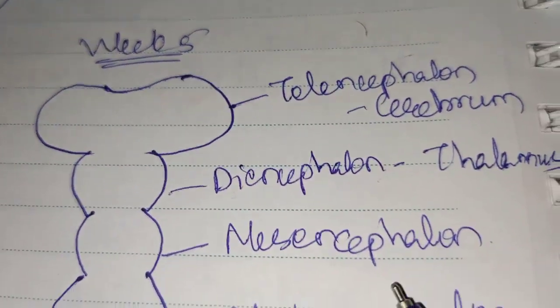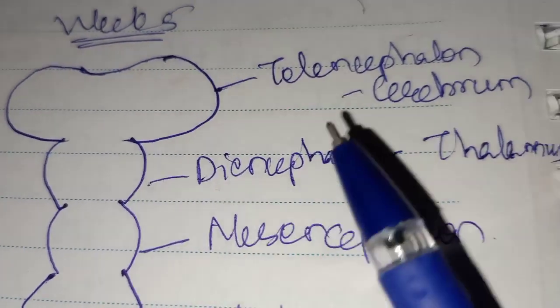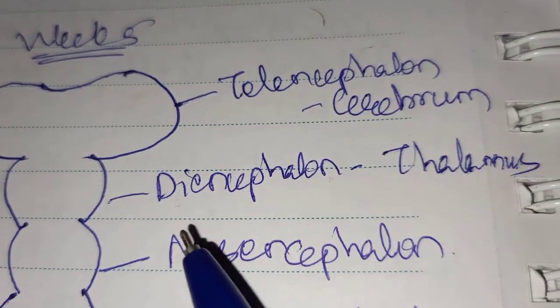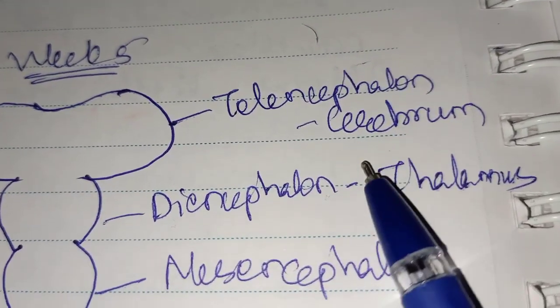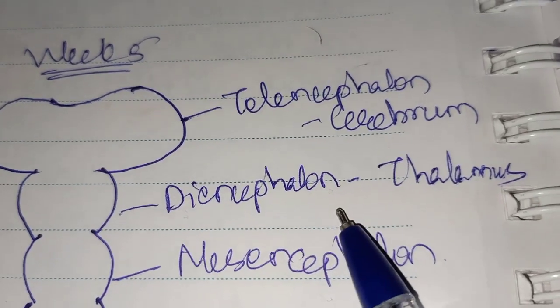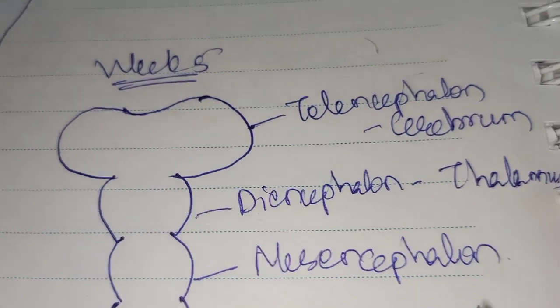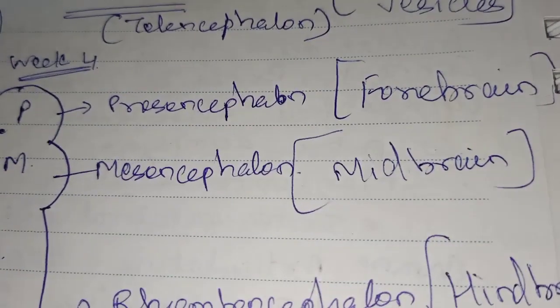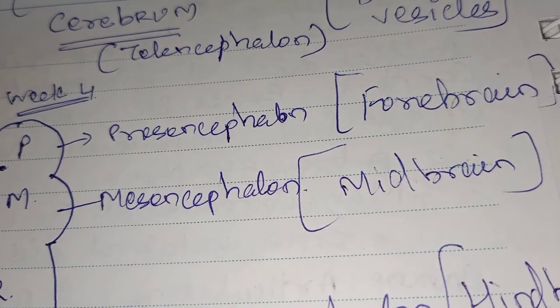The prosencephalon is further divided into telencephalon and diencephalon. So telencephalon develops into cerebrum and diencephalon into thalamus. Okay.